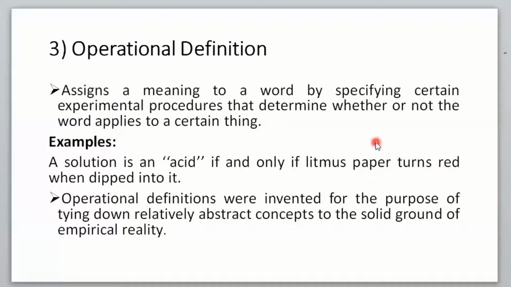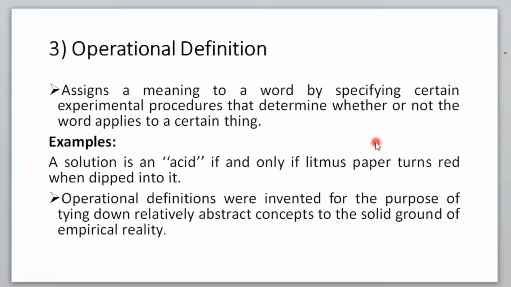For example, in order to say that a solution is an acid, it is so if and only if the litmus paper turns red when we insert it into the solution.